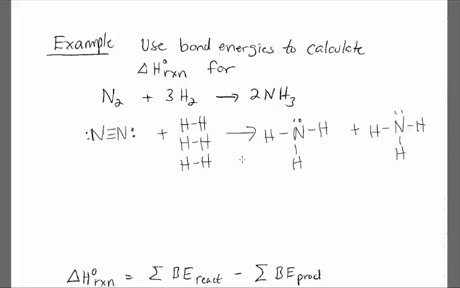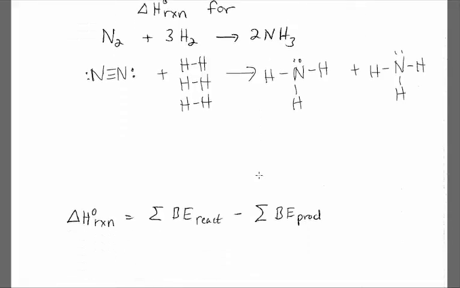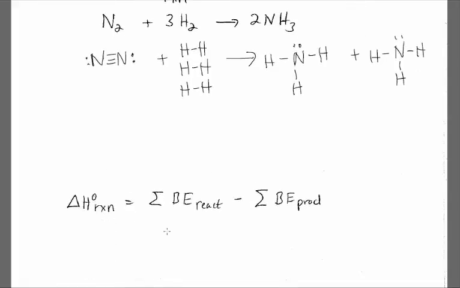That way you won't mistake how many bonds you really need to break and how many you really need to form. Okay, so looking at that, our heat of reaction is going to be the bond energy of a nitrogen-nitrogen triple bond, and that would be different than a single bond. That's why it's important that you draw the Lewis structure and realize that.